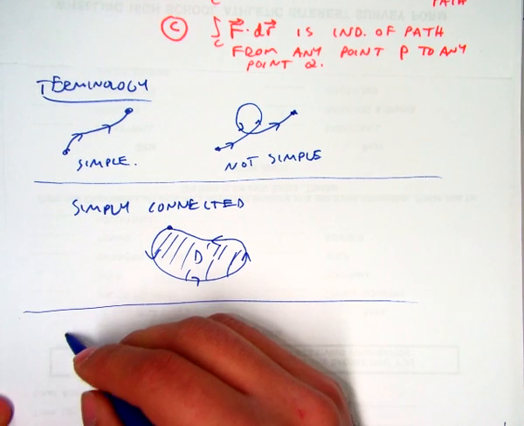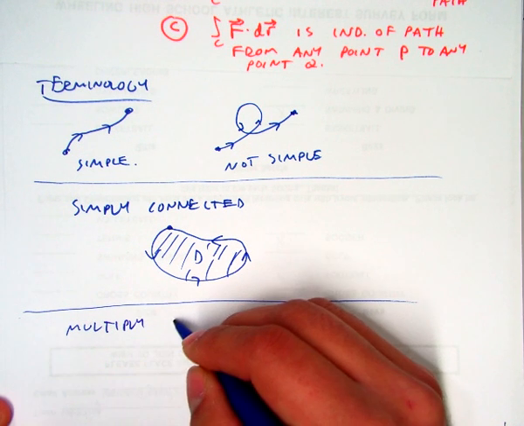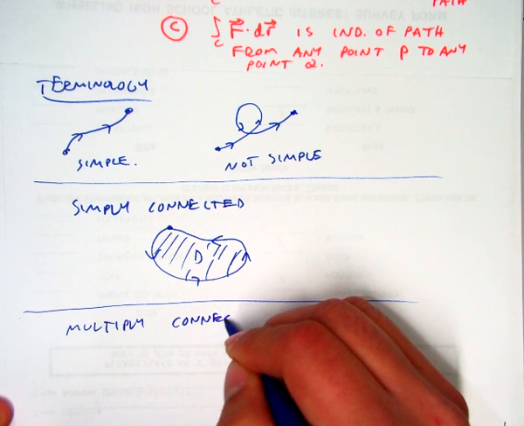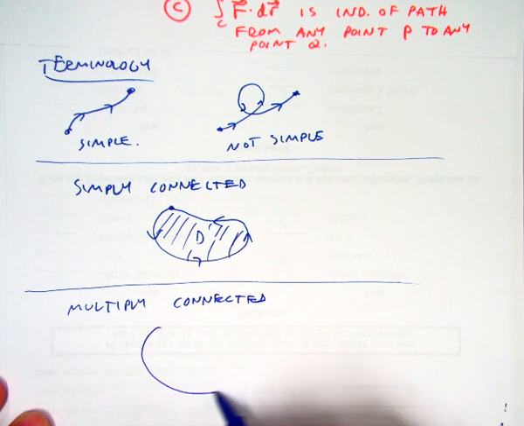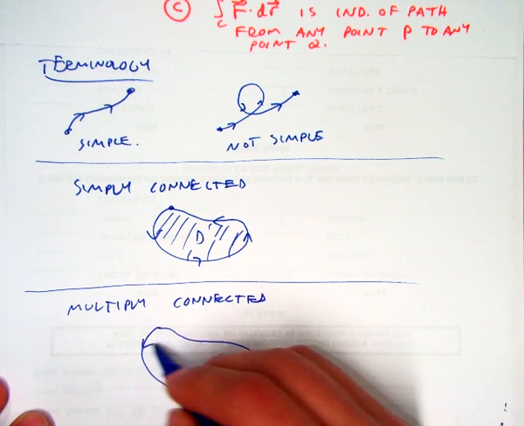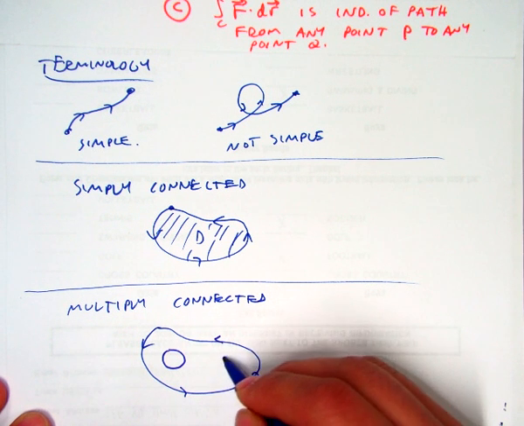And then we have multiply connected. We still have that same scenario, closed path, but now we have some holes in here.